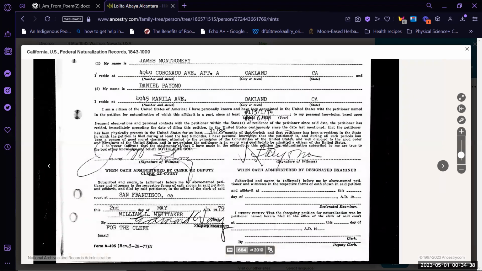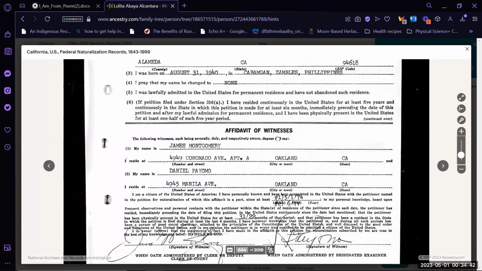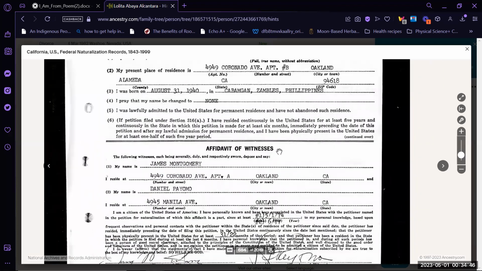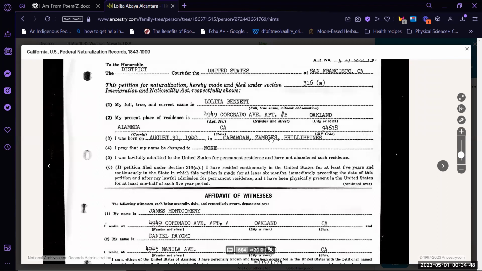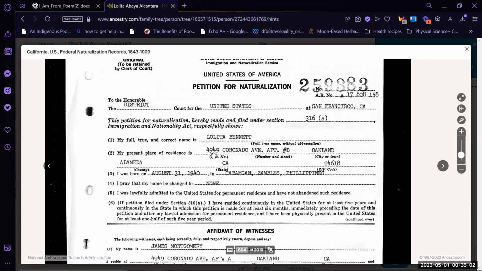So this is basically what you do for the document. You scan it and you read it to understand the full information, because I did not know my grandma was born on August 31st, 1940. I knew it was August 31st, but I didn't know it was 1940, so I definitely pulled some of this information in.